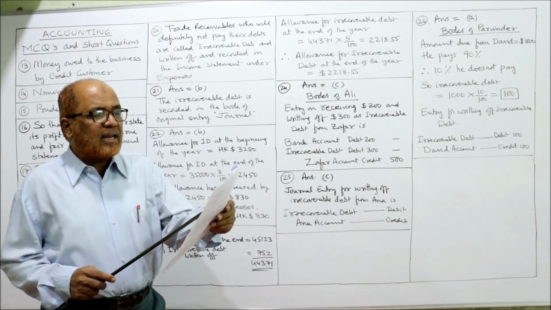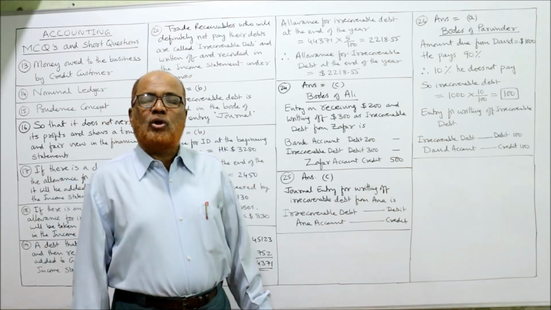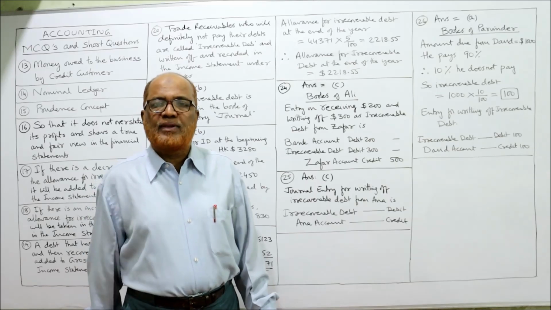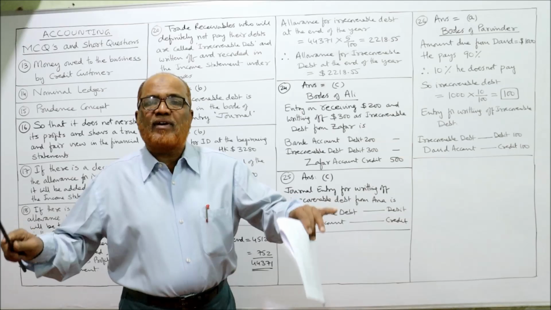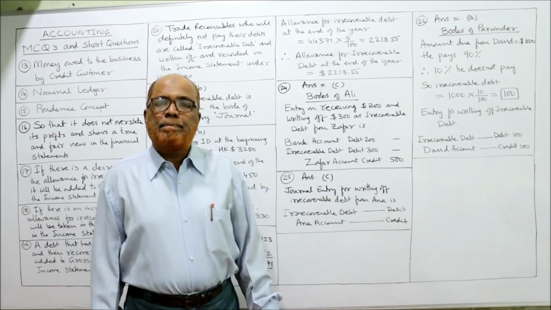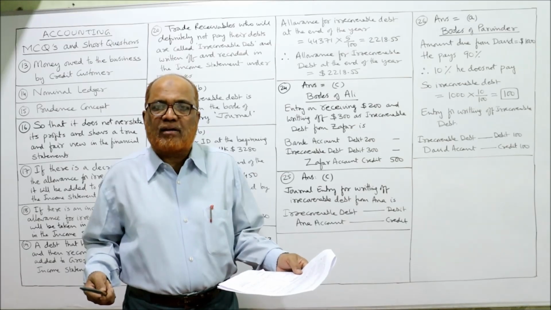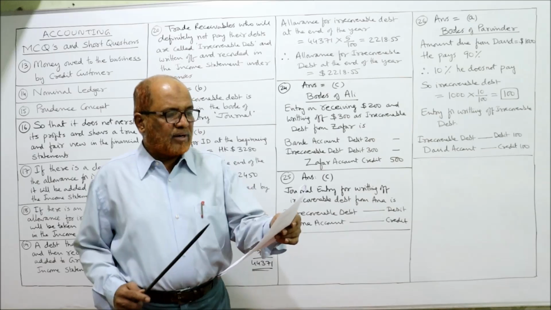Ali wrote the balance off as irrecoverable debt. Out of the $500 due, Zafar is paying only $200, and the remaining $300 Ali wants to write off as irrecoverable debt. Ali will say that we will not recover $300 from Zafar, so we will write it off. The total amount due from Zafar is 500.